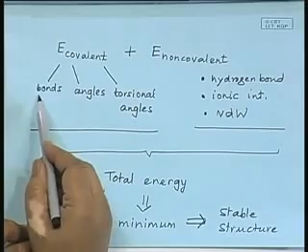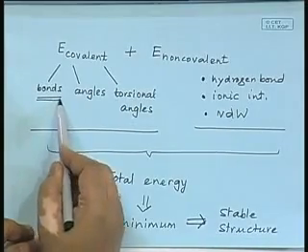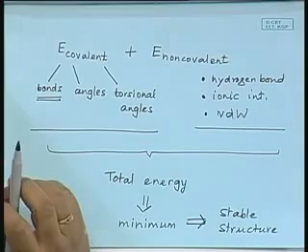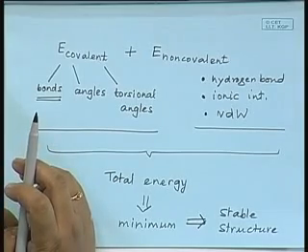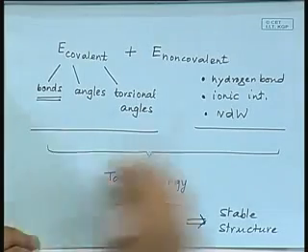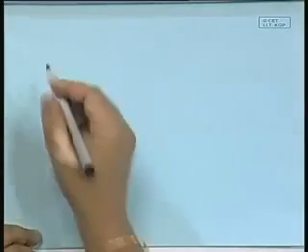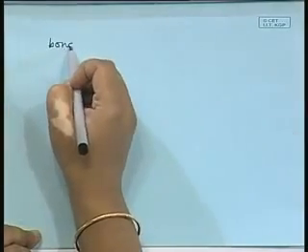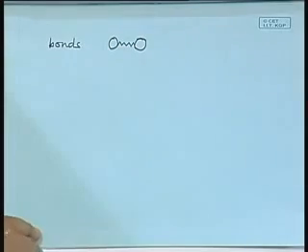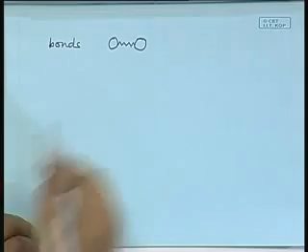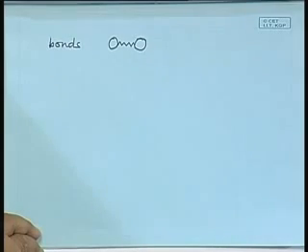Okay? Now, what are these in terms of energetics? If we look at the bonds, how do you represent bonds normally for a compound? You represent them as springs, right? So, what do we have in case of bonds? We represent these as springs and they follow Hooke's law.